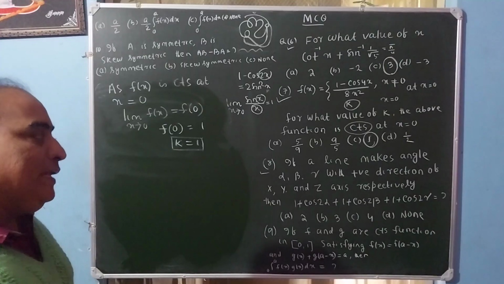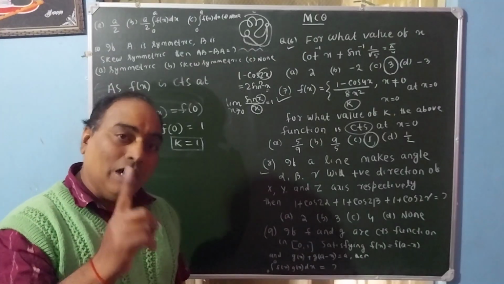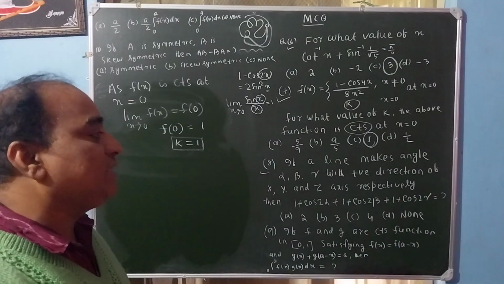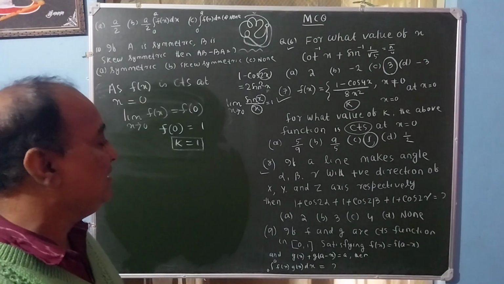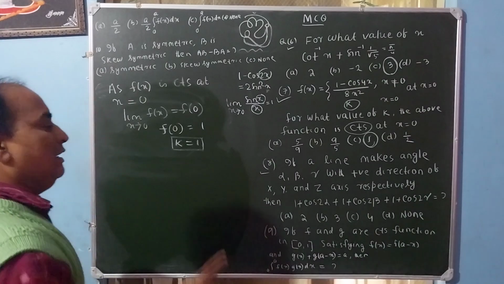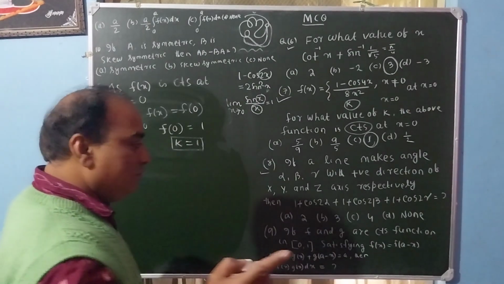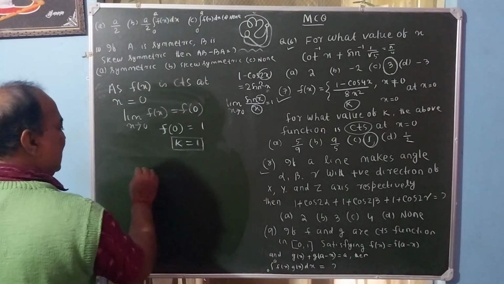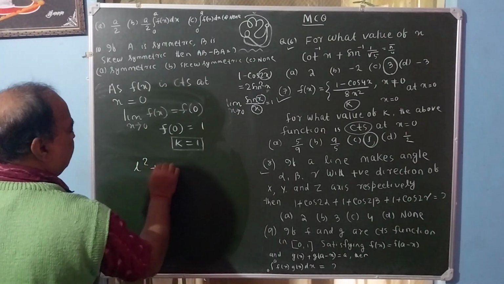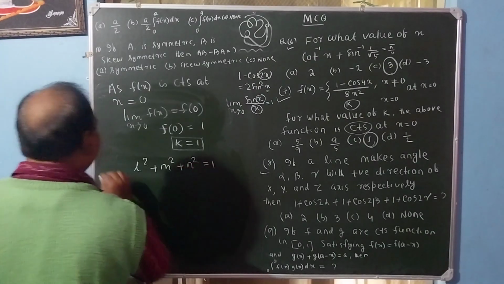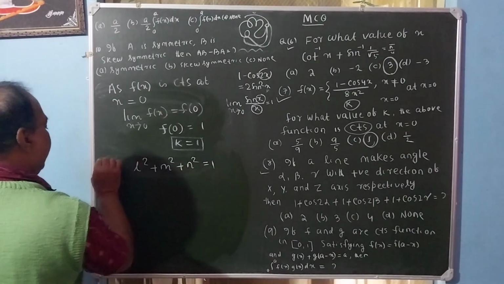We know when a line L makes an angle alpha, beta, gamma with positive direction of x-axis, y-axis, z-axis respectively, then the cosine of the angle is called the direction cosine. So L square plus M square plus N square is equal to 1. It is one important point.